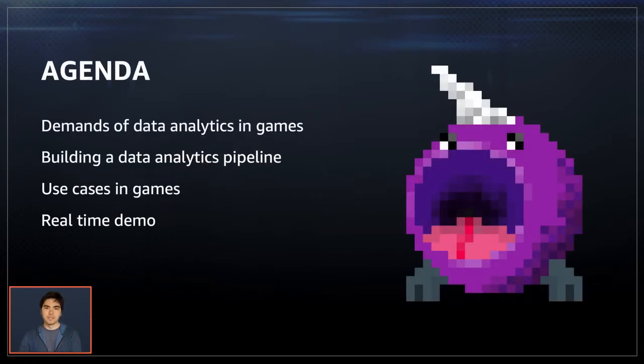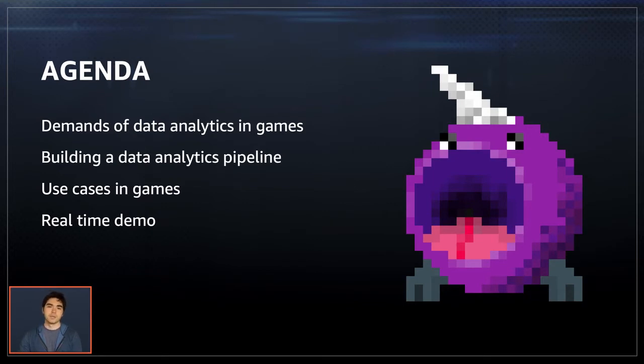Now, a quick agenda on what we're going to be covering today. We're first going to be covering the demands of data analytics in games overall. And then we're going to dive into building a data analytics pipeline and walking you through what an example of this process might look like. Then we're going to cover use cases in games from a couple of our customers that are building and using analytics pipelines on AWS today.